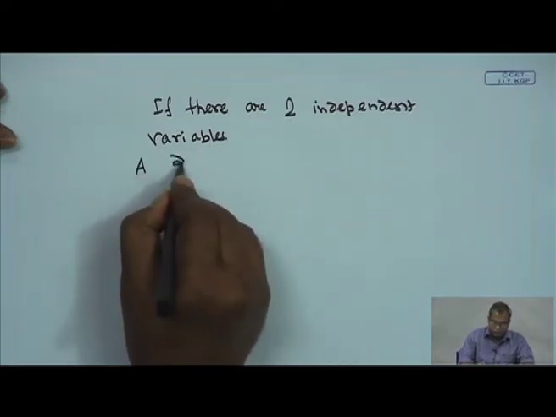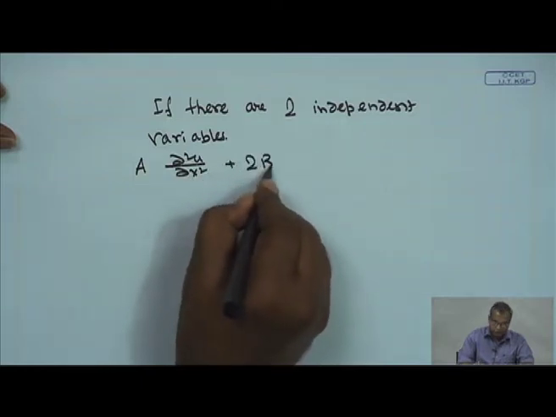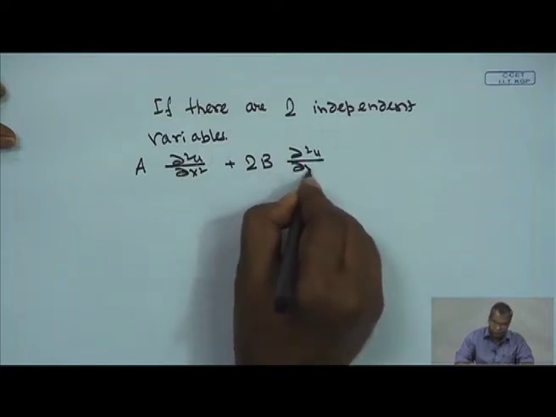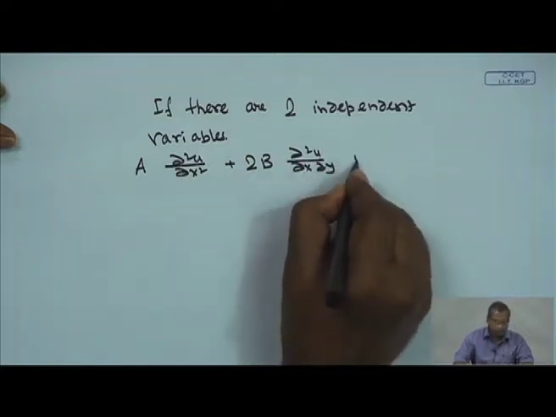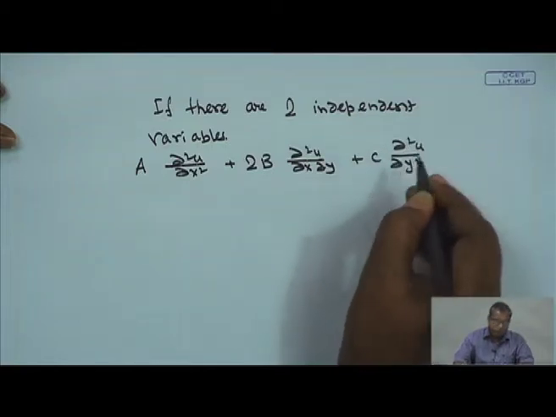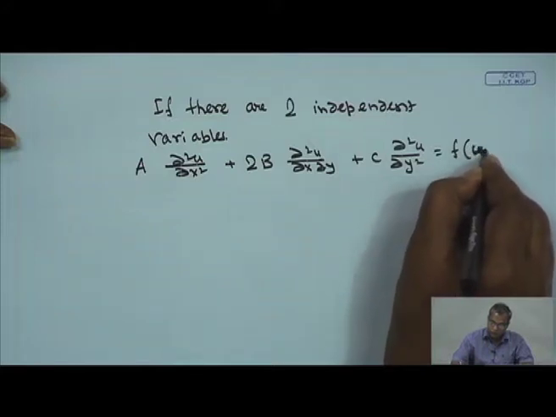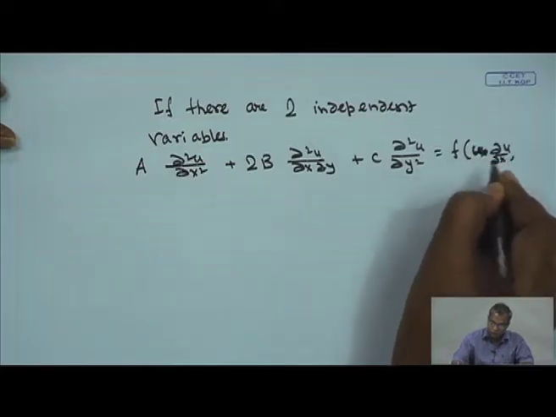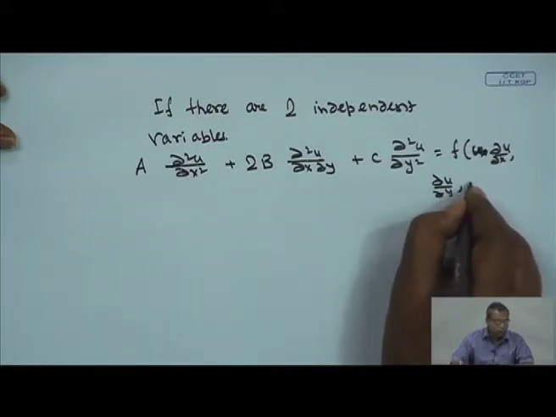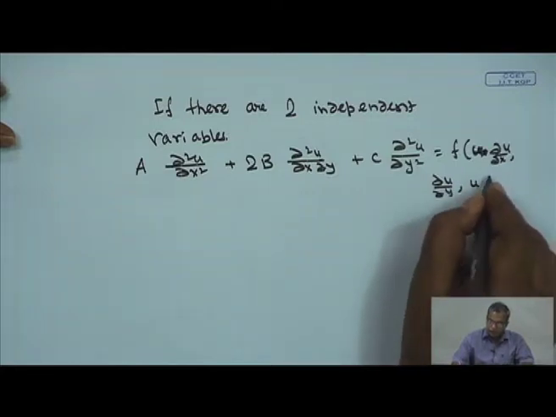Now that will be the general form. The general form will be a ∂²u/∂x² + 2b ∂²u/∂x∂y + c ∂²u/∂y² = f of (x, y, u, ∂u/∂x, ∂u/∂y), meaning any other terms.